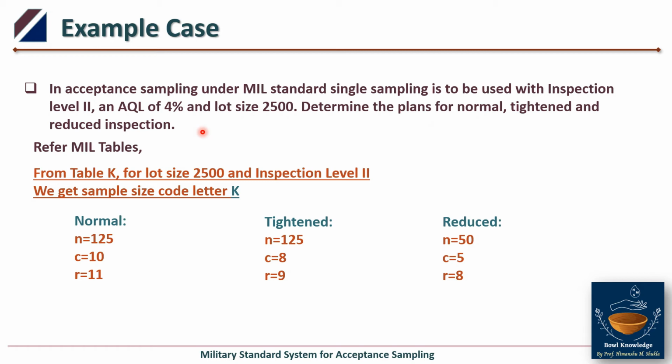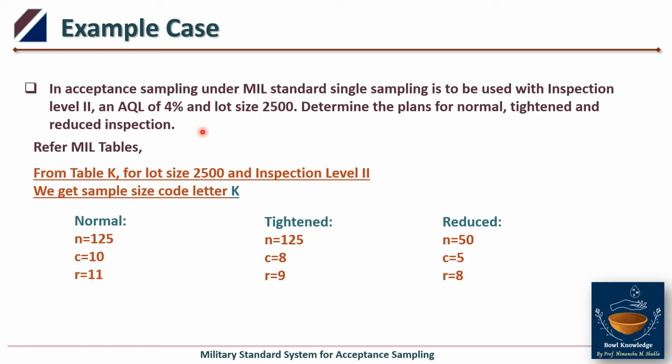Normal inspection we all know, that is we have one sample size and acceptance number. Now if we go with tightened inspection, for the same sample size we reduce the levels of acceptance and rejection. So you will always find that in a tightened inspection plan, for the same sample size the acceptance and rejection numbers are less as compared to the normal inspection.